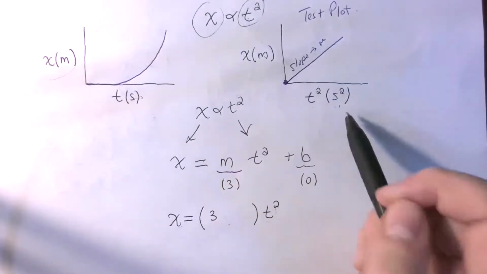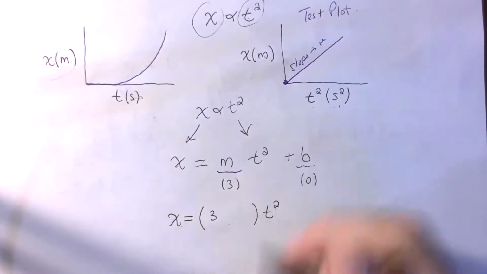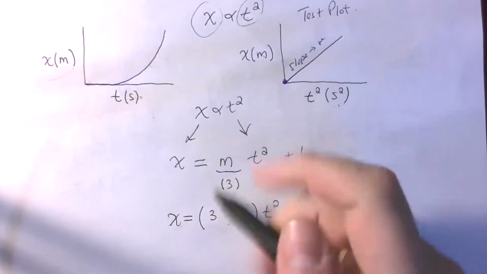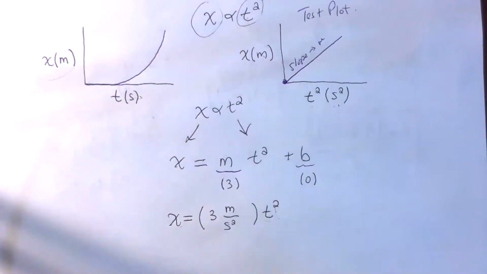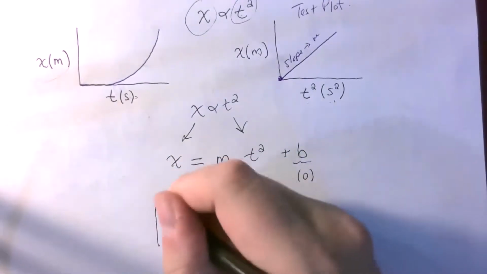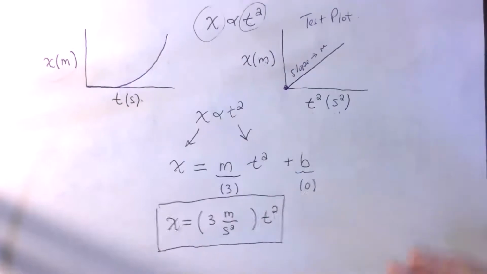And then what I have in parentheses are the units. They get tied to the values. So I will use the units meters divided by seconds squared as my unit for the COP. And so this is the mathematical expression for data set 2.